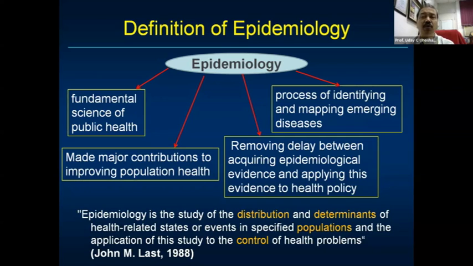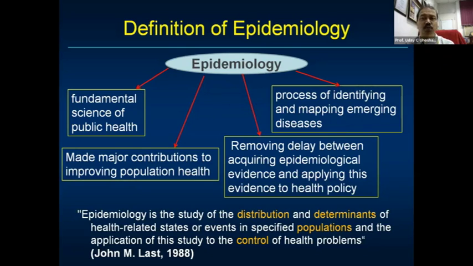For example, when we talk about distribution, this is typically called descriptive epidemiology. That means you are trying to know whether a disease is frequent or infrequent in that population. Second, you are trying to know determinants of those diseases. The determinant, this is called analytic epidemiology.